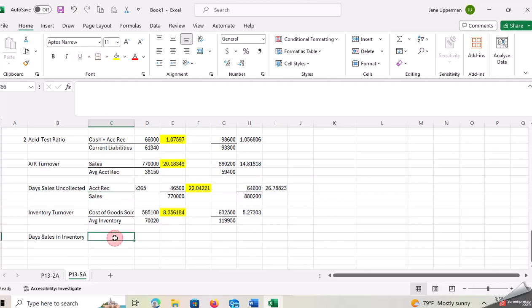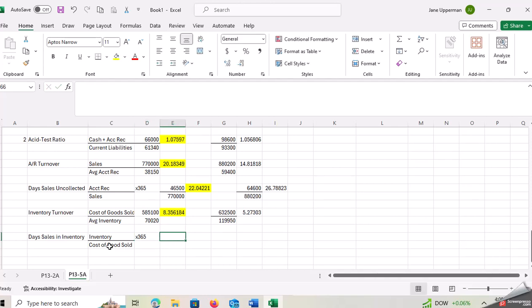Now we take our ending inventory balance and divide that by our cost of goods sold, and then we're going to multiply by 365.